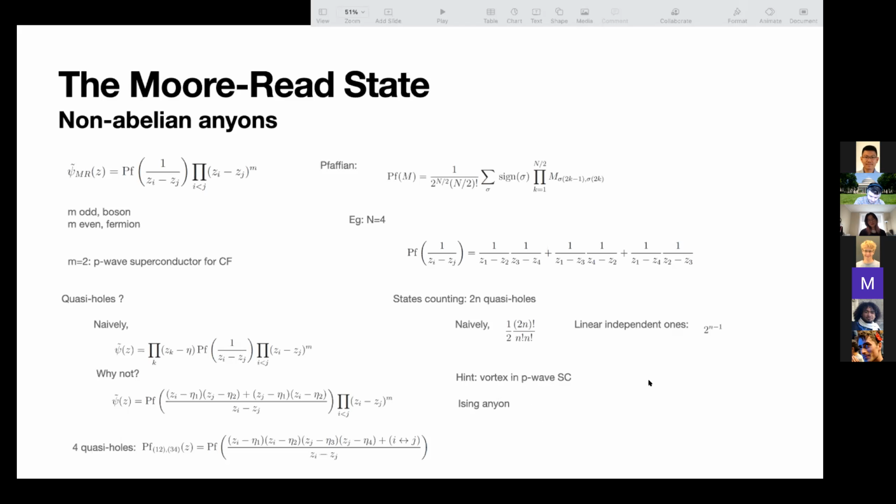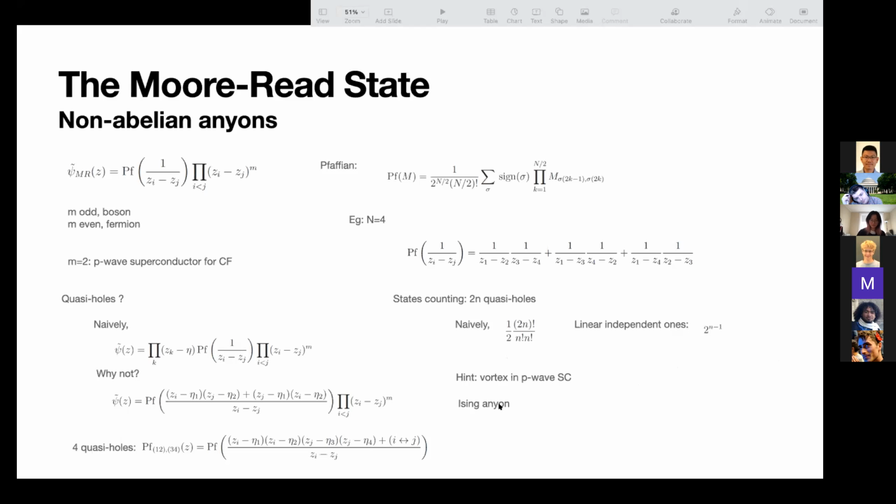So we need 2 of them to form a complex fermion, such that we can have 2 states, where this complex fermion is occupied or not occupied, which spans a 2-dimensional Hilbert space. So that's why we get this bizarre number of linearly independent states.